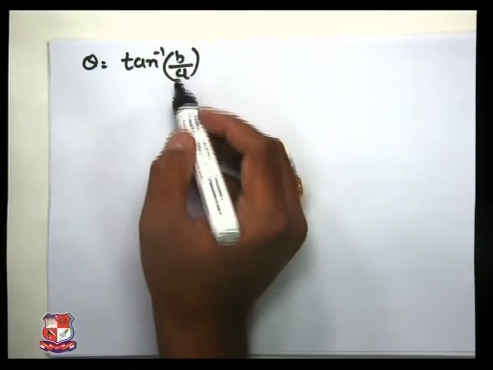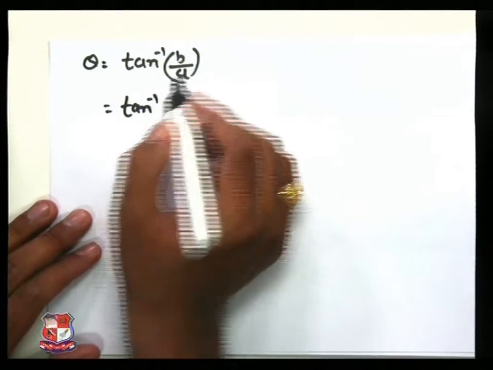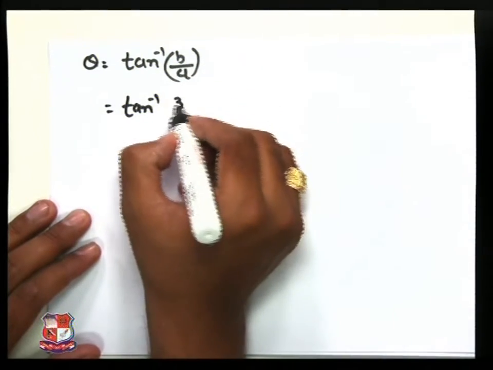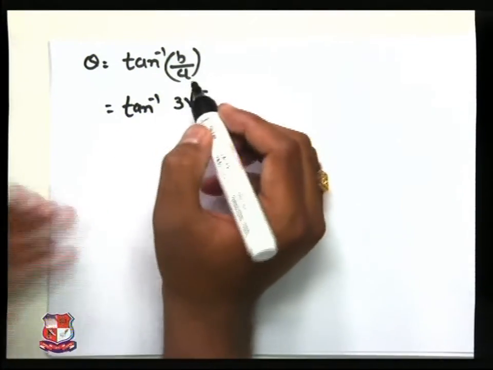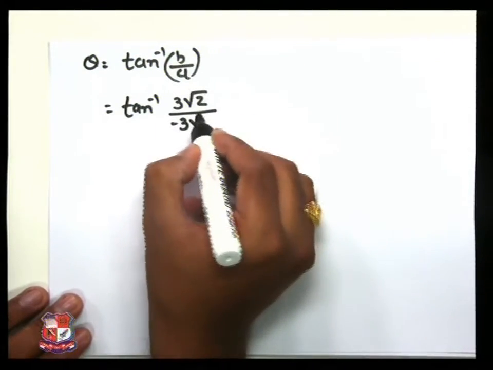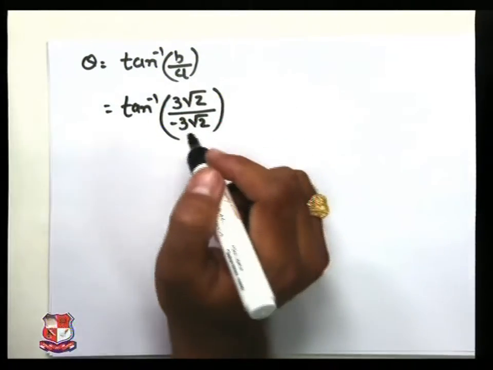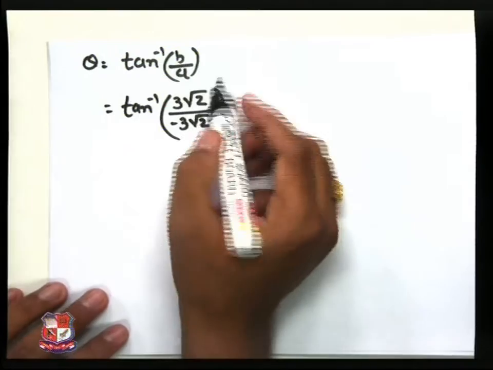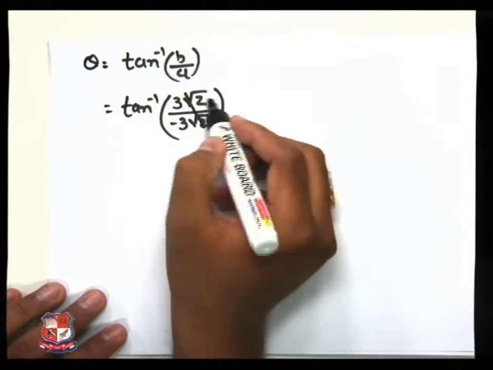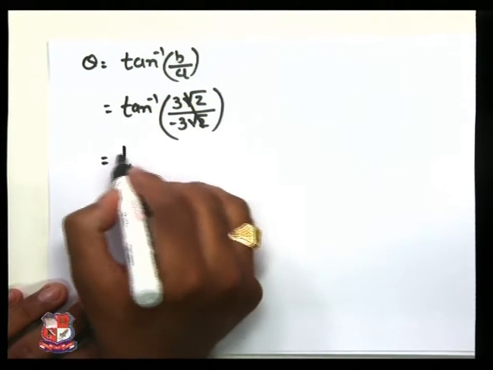So we replace b and a: tan inverse of 3 under root 2, b positive, over a negative, so minus 3 under root 2. Both cancel out.